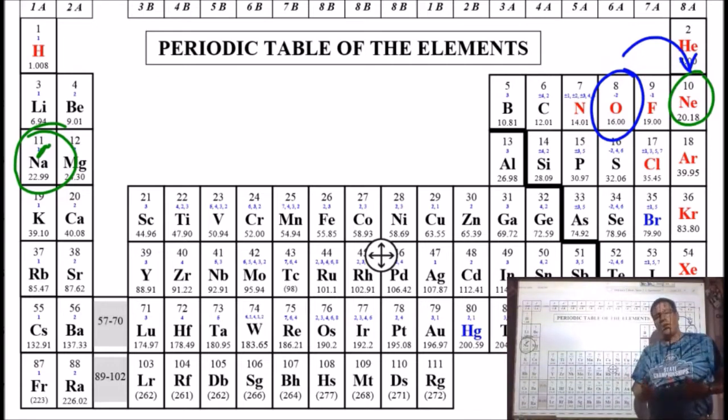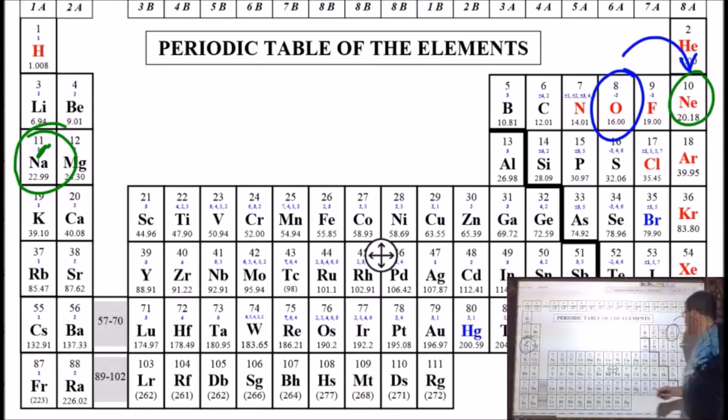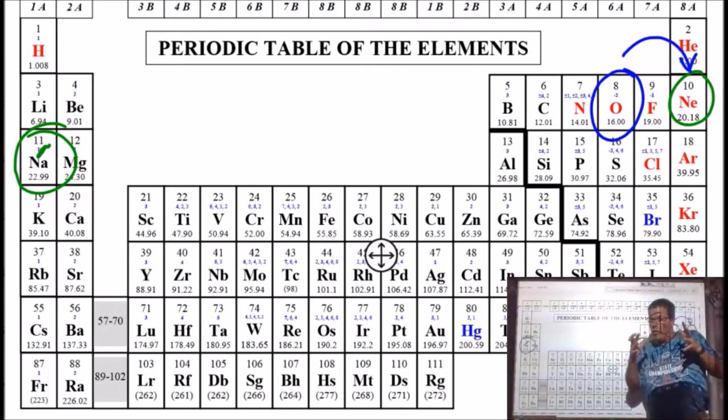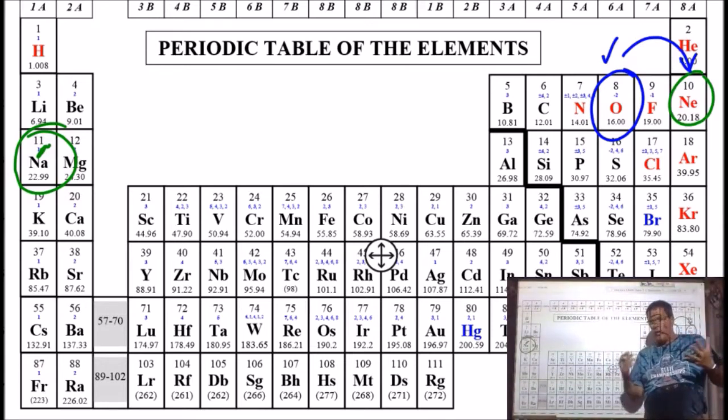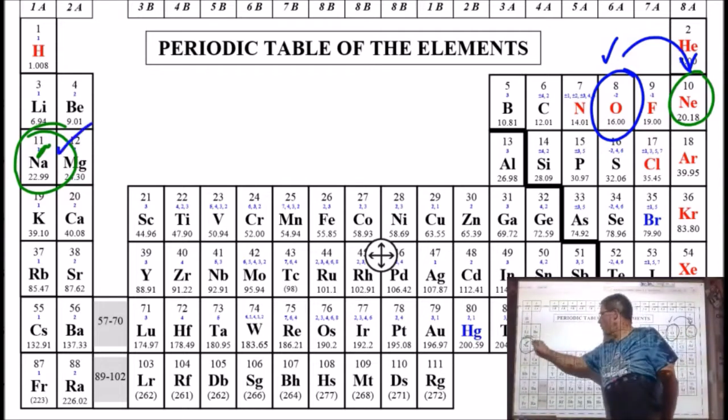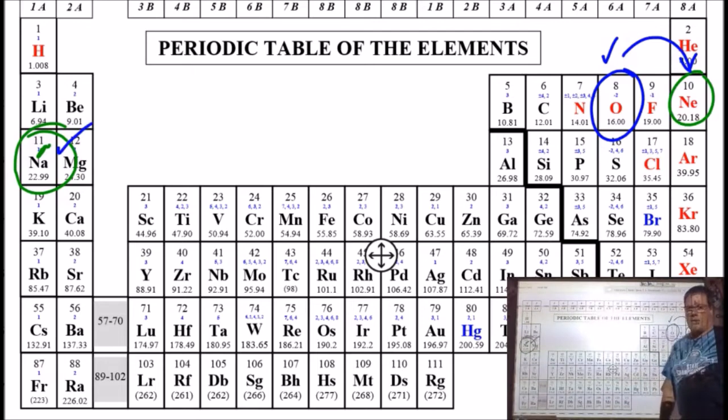Well, oxygen has a -2 charge, sodium has a +1 charge. Sodium has 11 protons, where oxygen has 8 protons. If you have more electrons than protons, your orbitals are going to get larger because your protons aren't able to pull in those electrons. So the more negative it is, with the same number of electrons, the larger the radius. Sodium actually has the smaller of the 2 radii in that case.